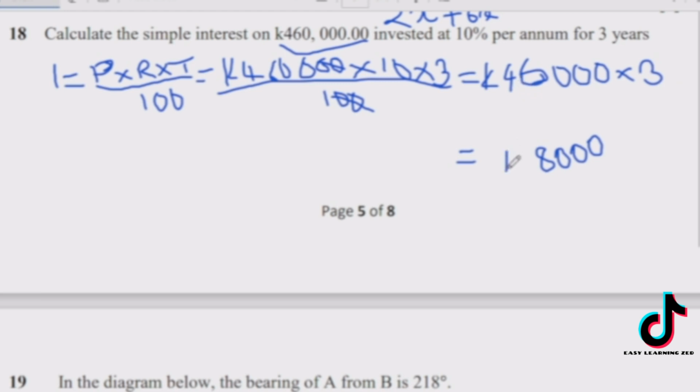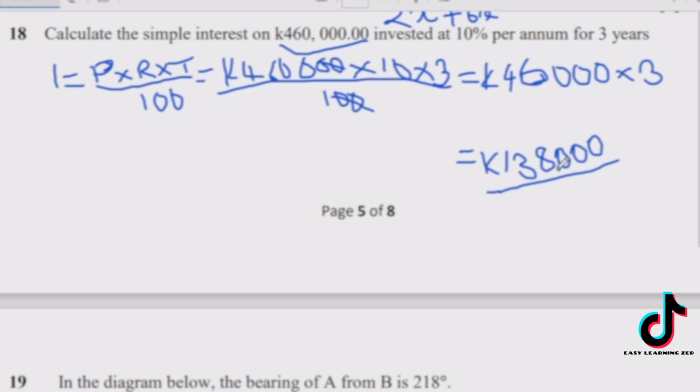So that means the simple interest for 3 years is going to be 138,000 kwacha.